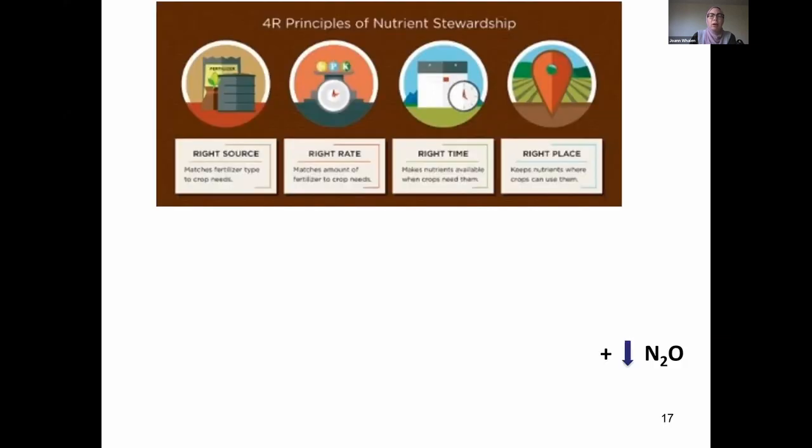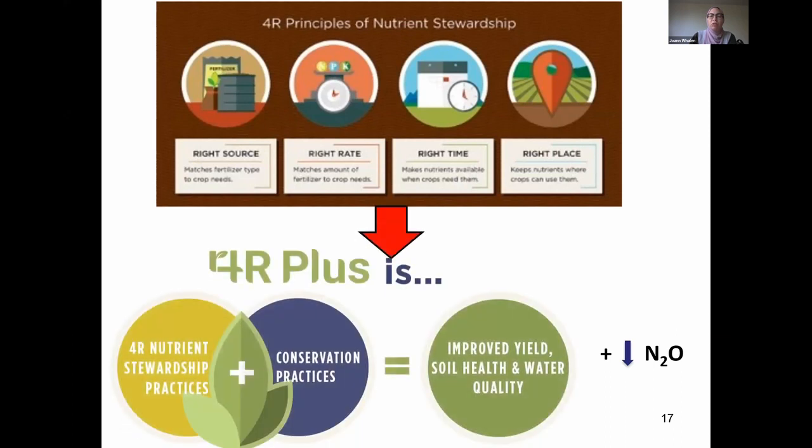We use the 4R approach, meaning that we carefully select the sources, rates, timing, and place to put fertilizer, which is what we call the 4R practices for fertilizer use. And we combine this with conservation practices that should be aiming to improve the yield, soil health, water quality, and at the same time also reduce the N2O.